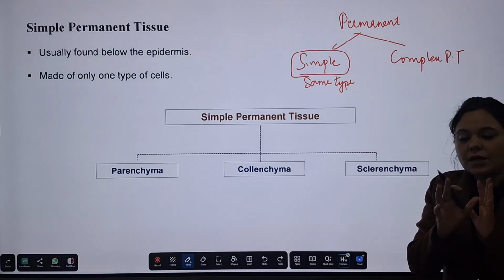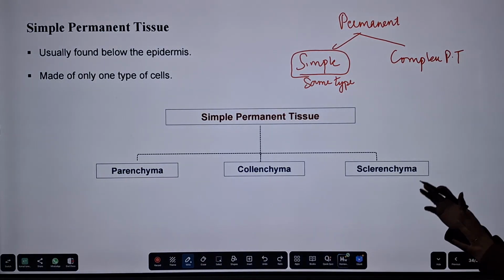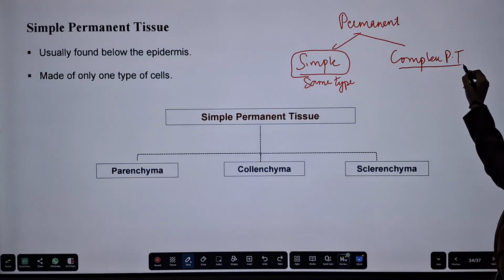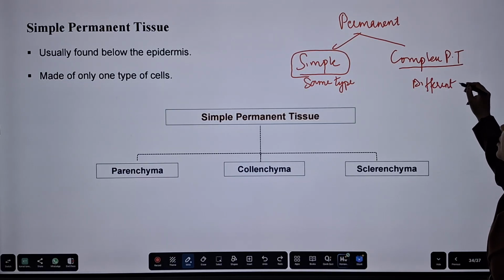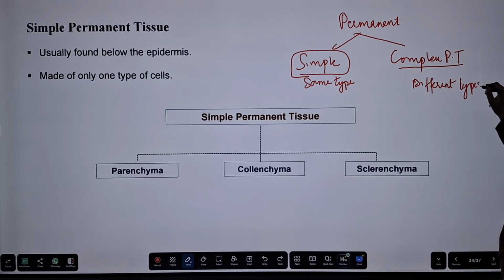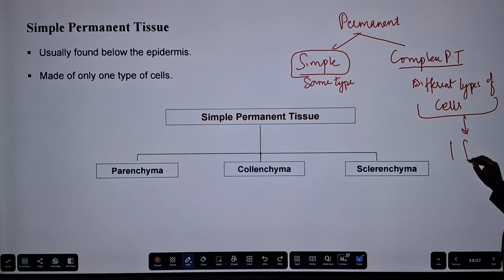Those permanent cells grouped together to perform a function, we call it simple permanent tissue. Complex permanent tissue has different types of cells which are different in structure. So cells group together to perform one common function. We call it a complex permanent tissue in this case.